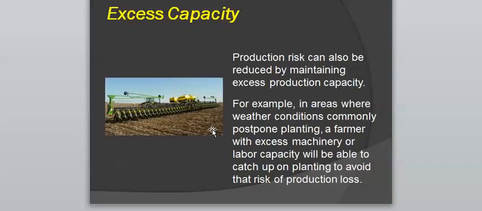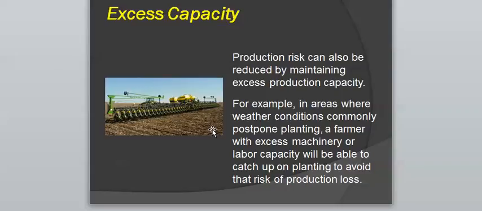It's true, the better the machinery that we have, the bigger the machinery that we have, the more capacity we have to get things done, the less risk we are at in field operations. Having said that, again, it costs money to do that. It's an outlay of cash and capital to try to reduce risk.